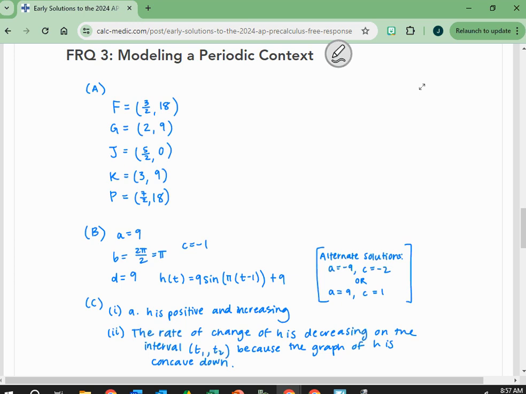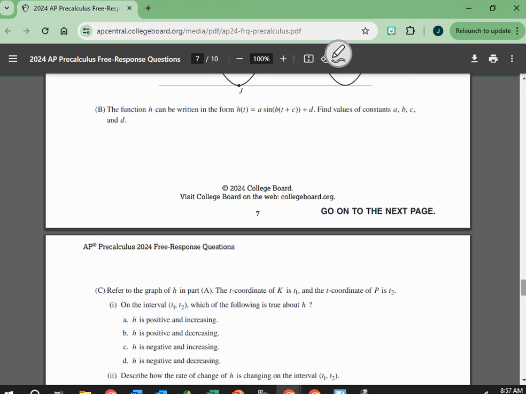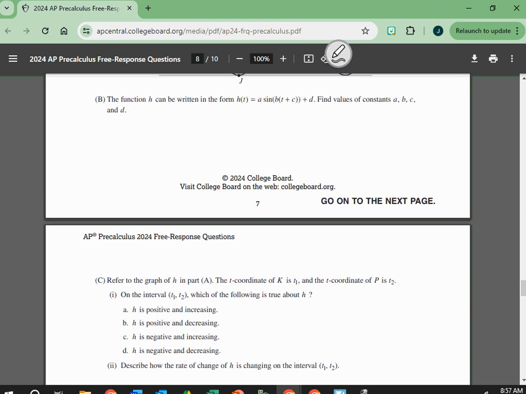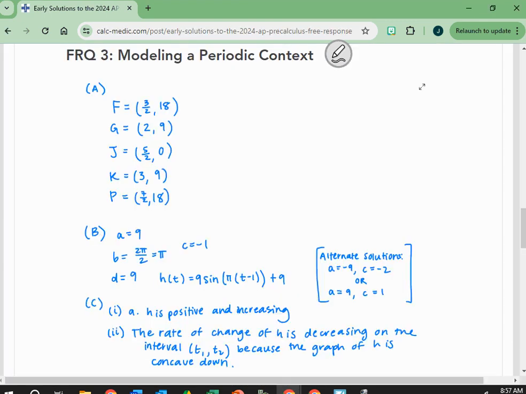Let's see. What did C even ask? Oh yeah, so the multiple choice and then the rate of change from T1 to T2, which is K. This is one part that you kind of just learned about with concavity, which is so weird that derivatives are not a part of their content, yet they ask a question about the rate of change and expect you to answer with concavity.